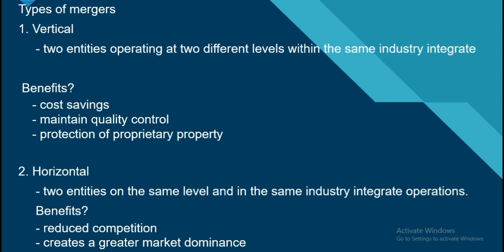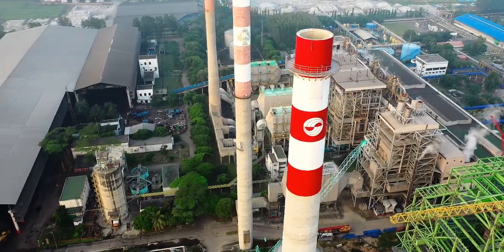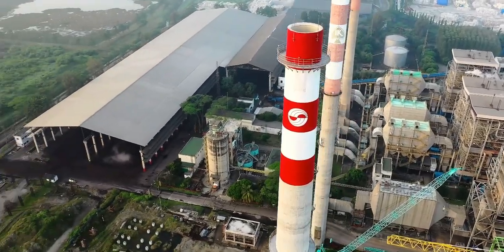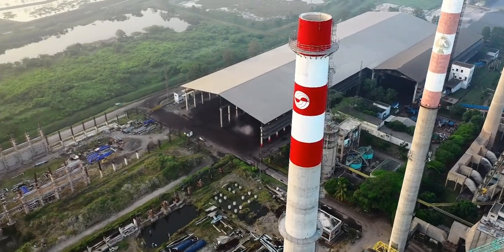So you may have, for instance, two supermarkets merging, or two entities engaged in the distribution process merging, or two entities engaged in packaging merging. When this happens, competition is reduced, and this too is a perfect way. It's a great way to wipe out your competition, or to impact your competition significantly.